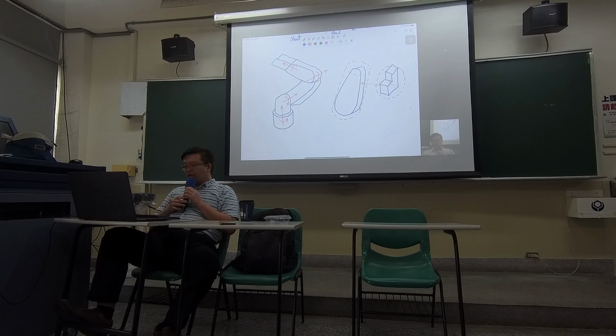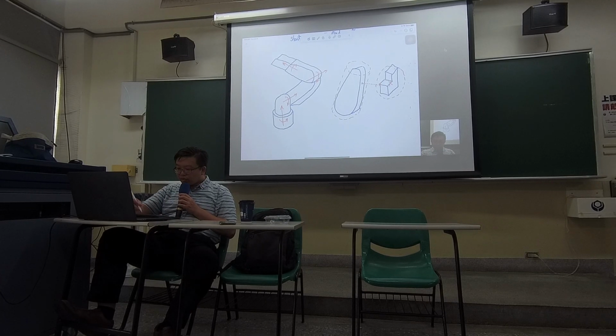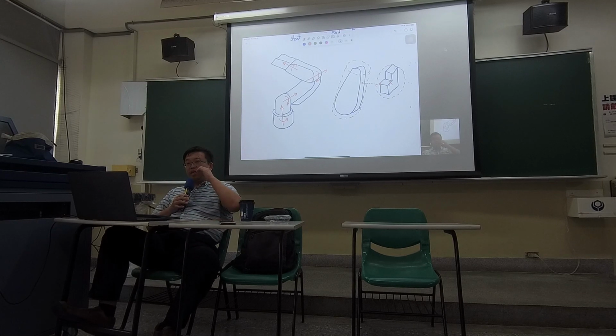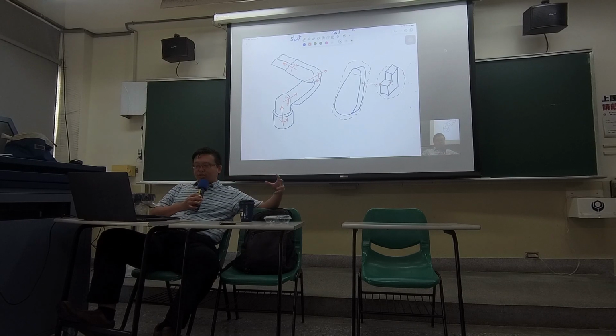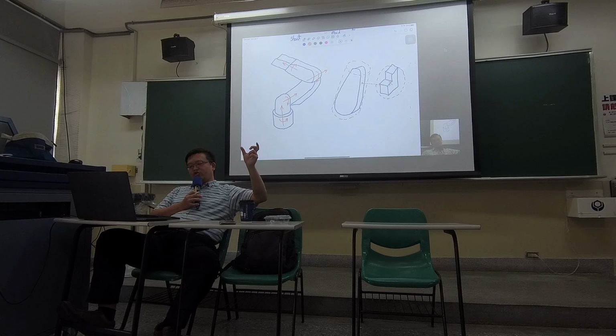As you can see, when I do this, I try to find a simpler geometry, so later on it's easier for me to calculate the shortest distance between a ball and a cylinder.